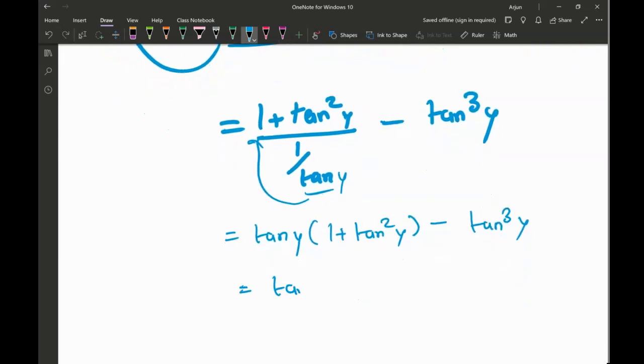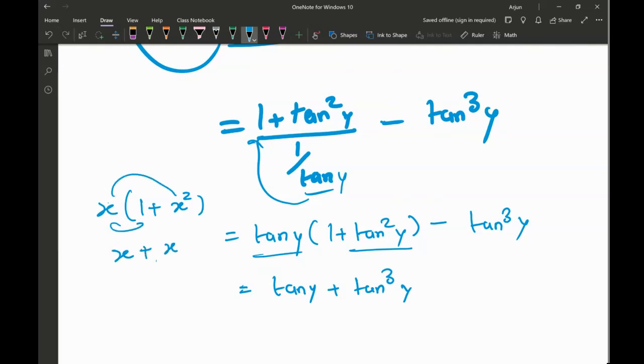So this is tan y plus tan cube y. Now please make sure you know how to do this algebra. This is like x times 1 plus x square, so this becomes x plus x cube. Tangent cube y cancels out. Final answer is tangent y. So I've been able to get to the final answer.